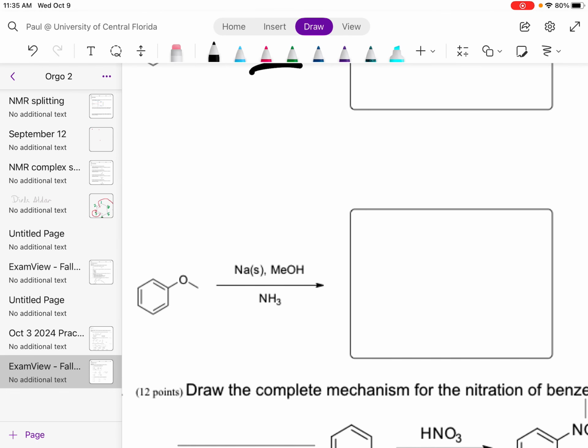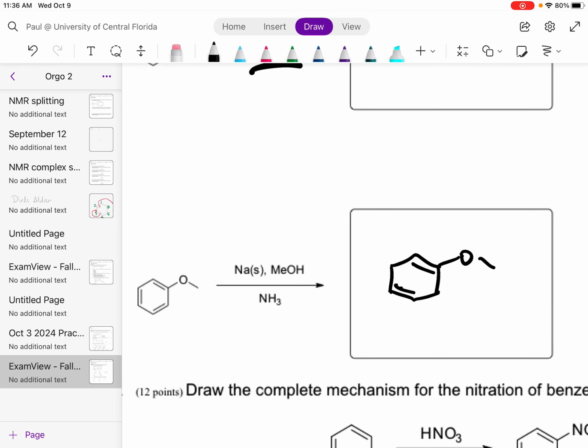When we look at this one, we see that is an electron donating group. So that means the carbon that it is directly attached to will not be reduced. So you just draw your benzene ring, your electron donating group, it will not be reduced, and then the other carbons will, to give us that product.